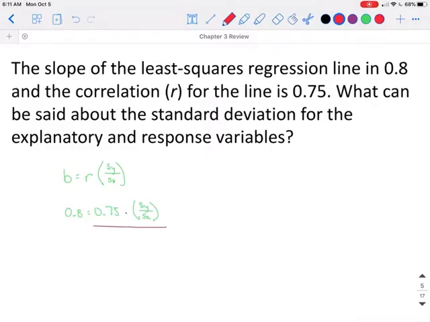Right now we have multiplication, so the opposite of that is division. And we're going to get 1.06 repeating is equal to the standard deviation of y over the standard deviation of x. Since we get a value that is greater than 1, we know that the standard deviation of y must be larger than the standard deviation of x.